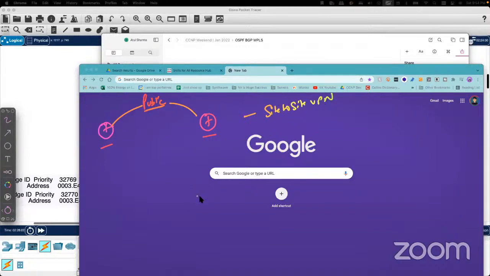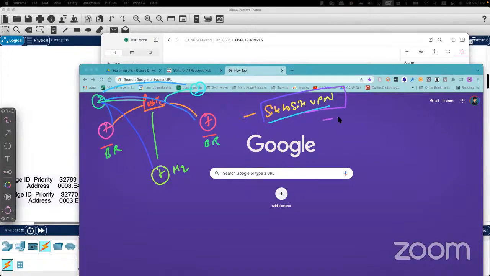When you have one head office and you want to connect multiple branch locations together, if you use site to site VPN, what will happen? You need to create a tunnel between these two routers, between this also, between this also, a lot of tunnels, because this is one to one.